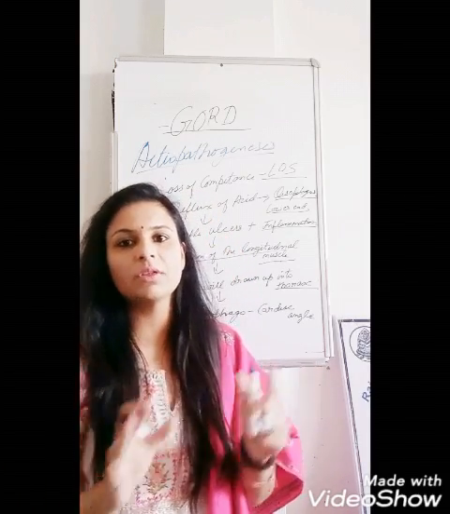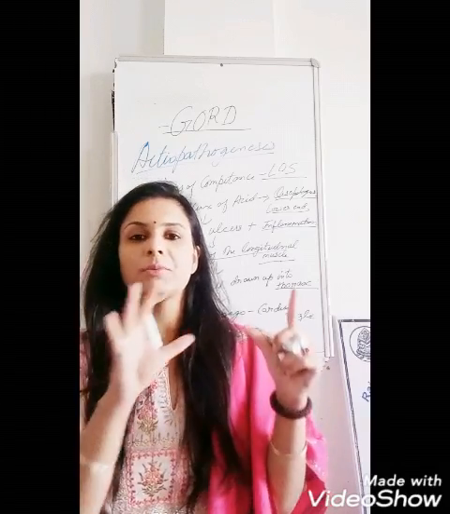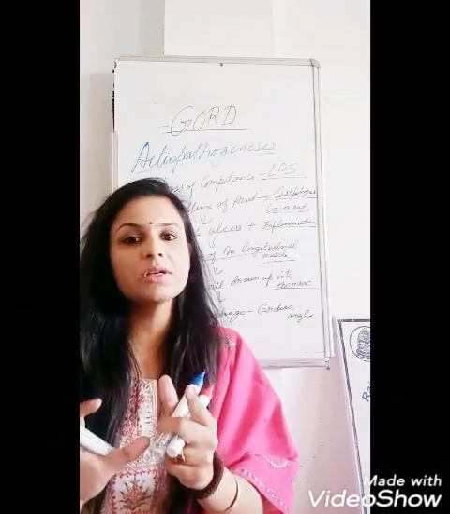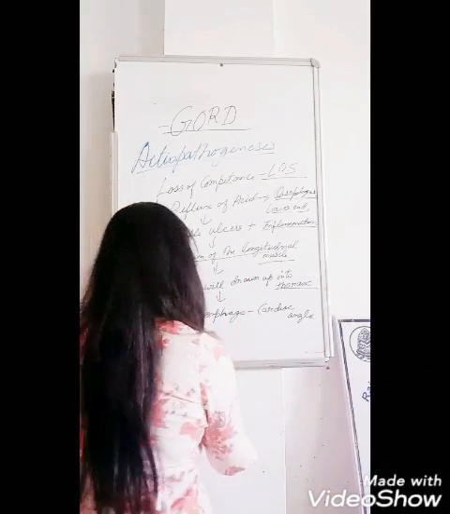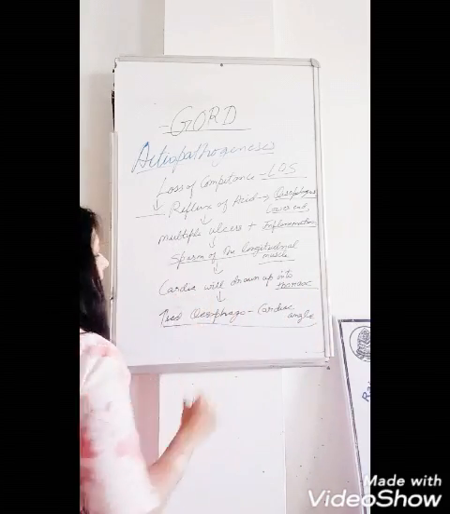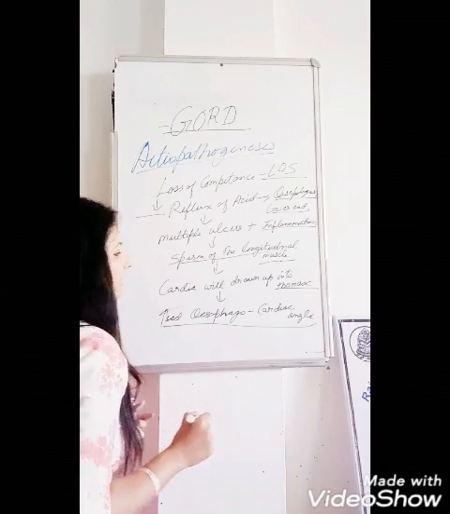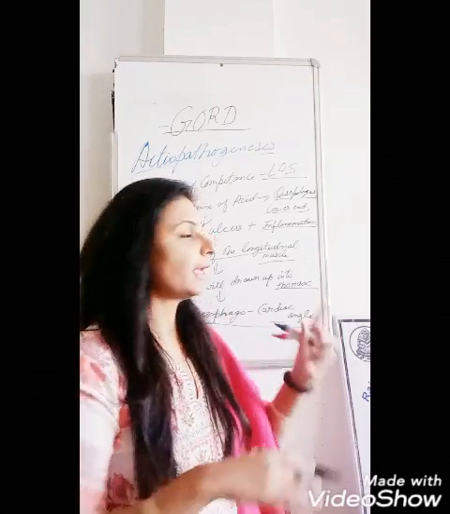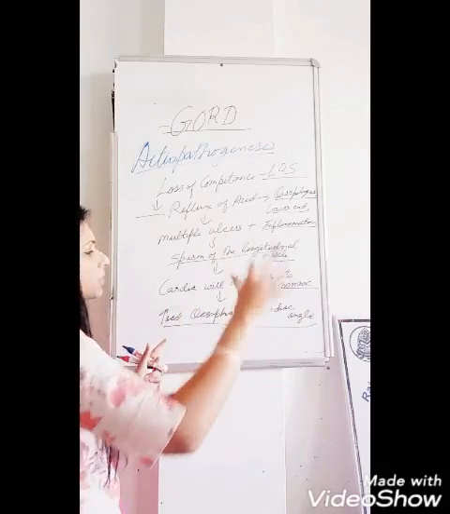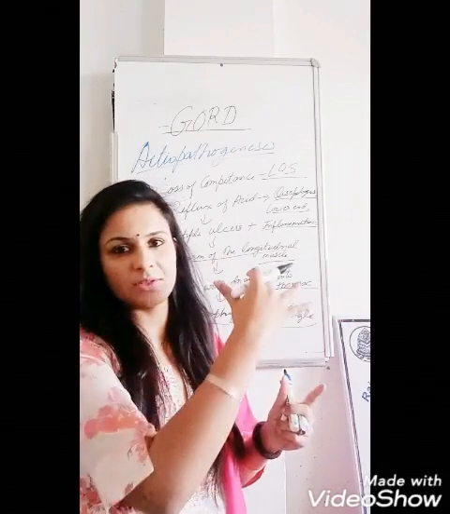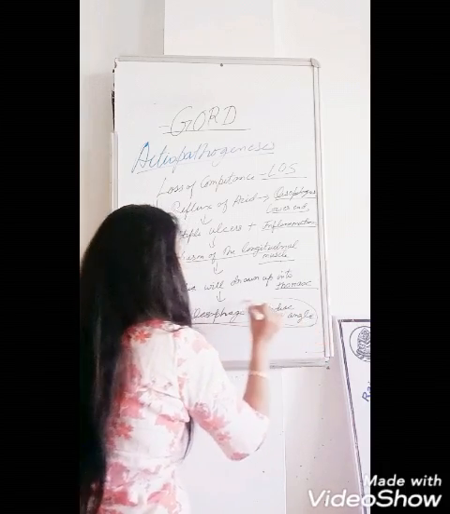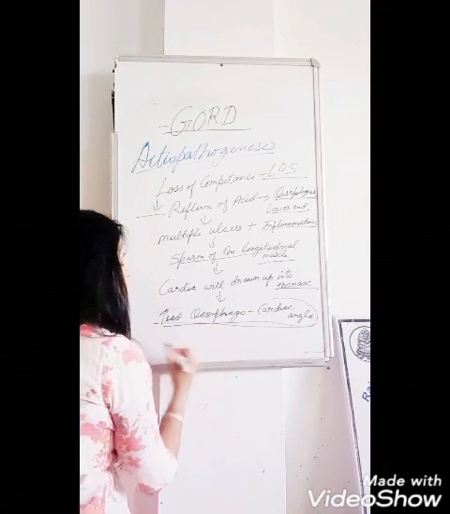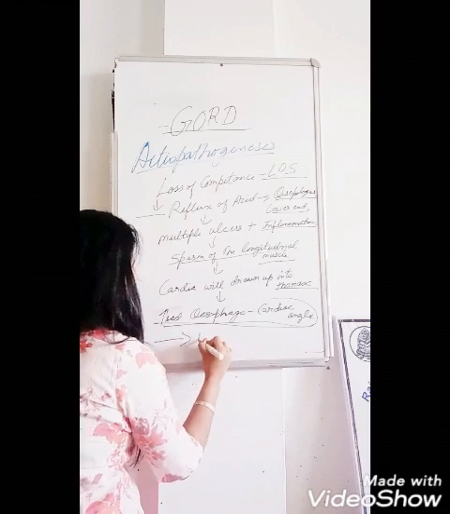So that's how the sliding hernia occurs, because there will be increased esophagocardiac angle. Now because of this increased esophagocardiac angle, the cycle will go on, so there will be more reflux of acid.